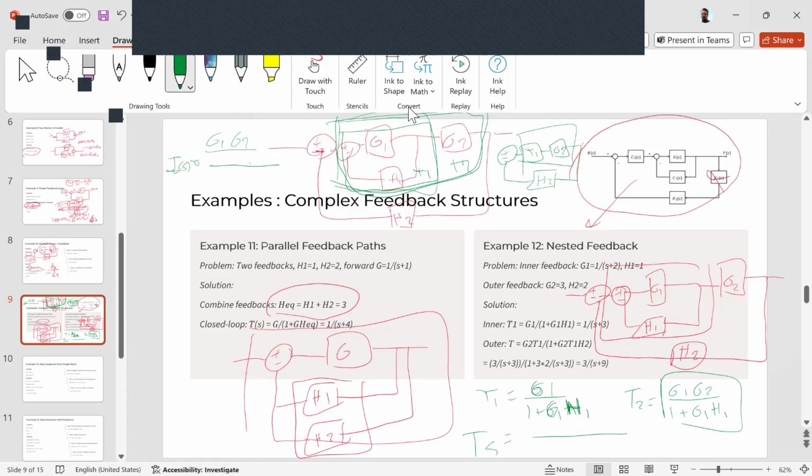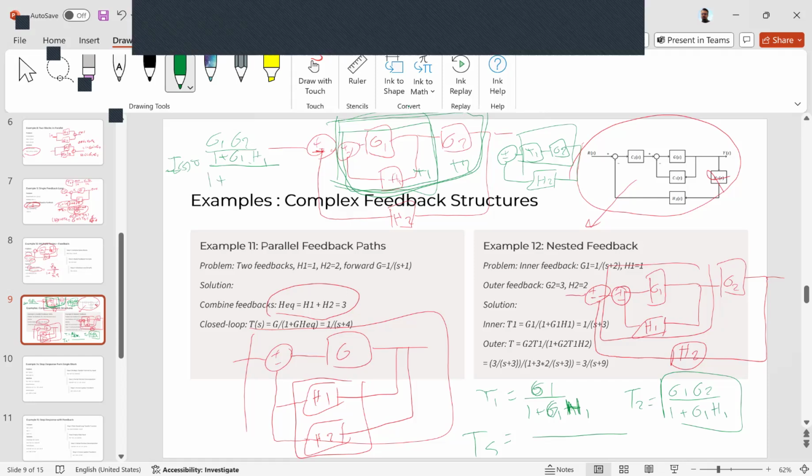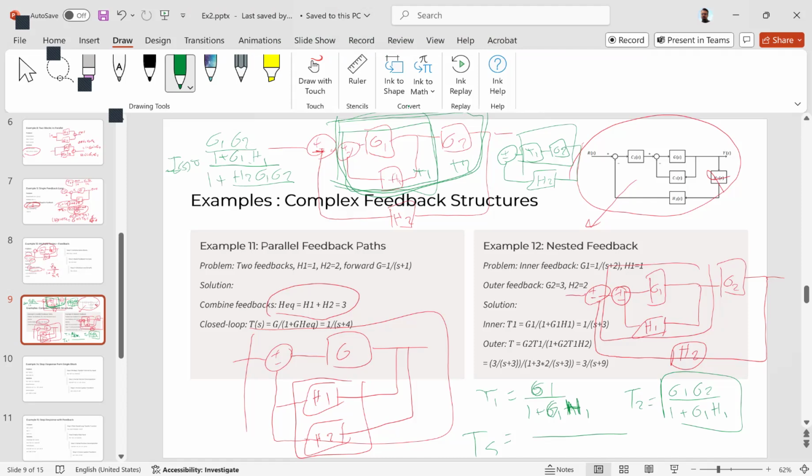Okay. So it's G1 G2 over 1 plus G1 H1. And what is going to be the denominator? 1 plus H2 G1 G2 over 1 plus G1 H1. Is that clear?